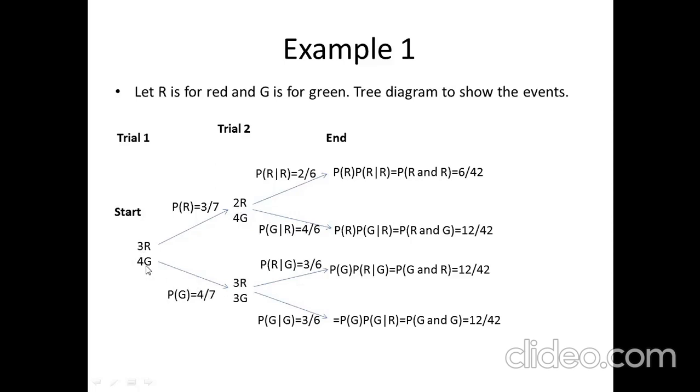And for the case of green and green, it will be 4 multiplied by 3 again, that is 12, because there were 4 greens and then 3 greens as well. So these are the individual frequencies, and the probabilities we have already determined. All this shows that the frequencies are not the same, they are not equal to 1, and the probabilities are not the same. So it is definitely grouped data statistics we are going through in this example.